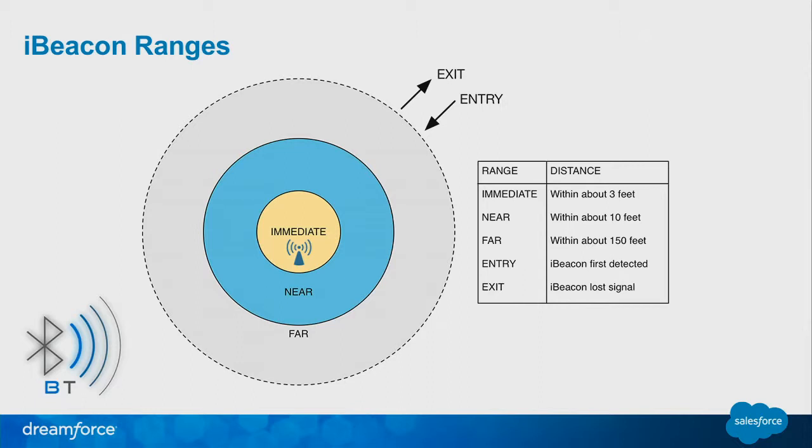Your application can interact with that far range and do something with it. Or we can wait until they get really close to the beacon using near or immediate range. Immediate is within a few feet to within a few inches of the device itself. So we can really hone in on the location of that user based on those different ranges.